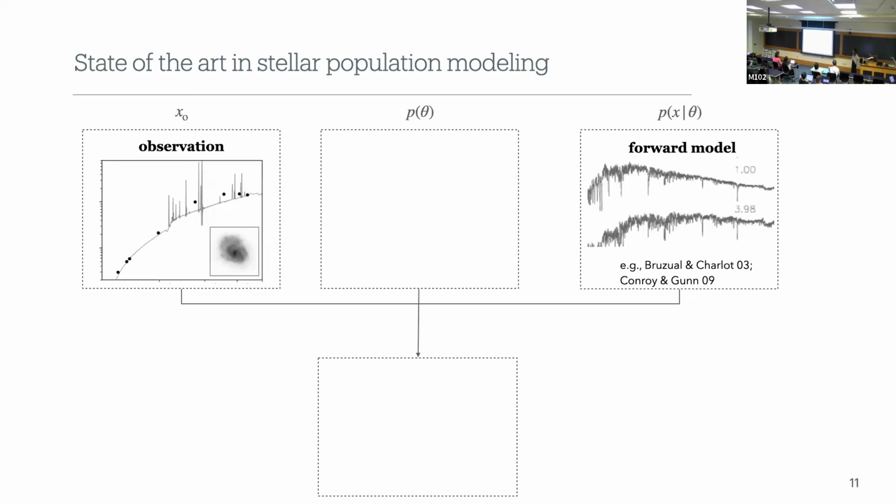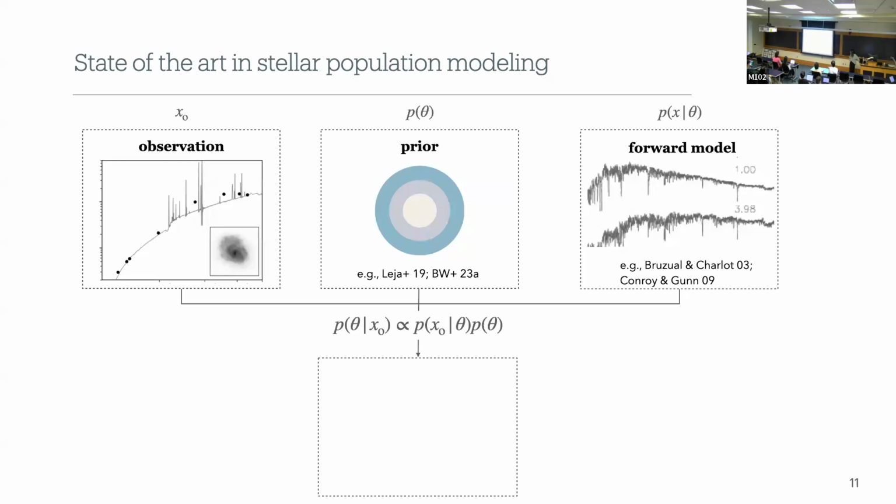On the other hand, we have those forward models, basically the stellar libraries and isochrones, where given, say, stellar mass or star formation histories, we can predict what the light or the spectrum looks like. And in the middle, we have the priors. This is what I mean. It's worth thinking about models because we're not in the likelihood dominated regime. This prior actually has a huge impact on the inference.